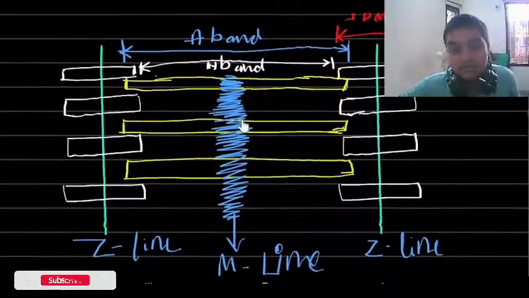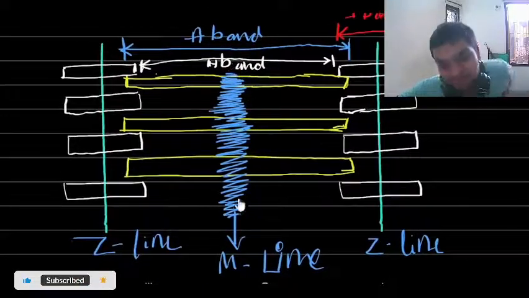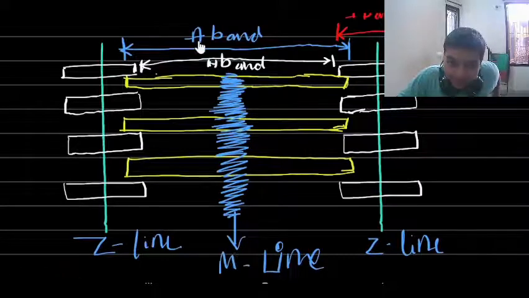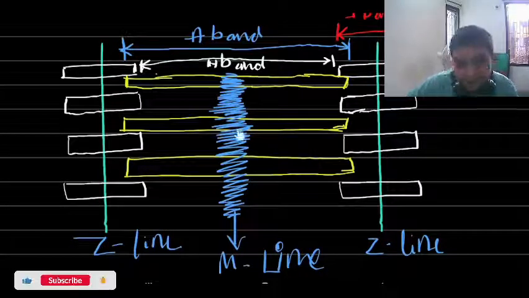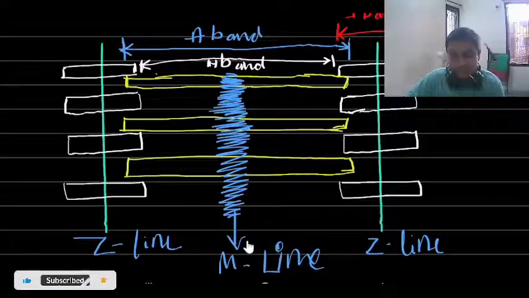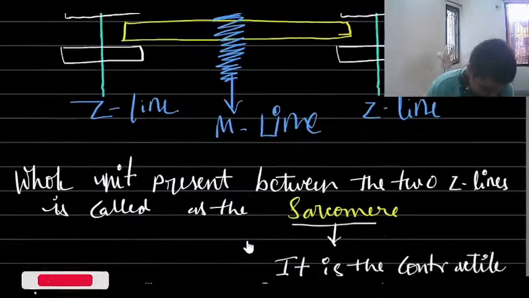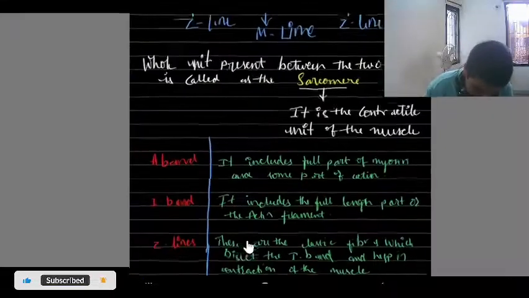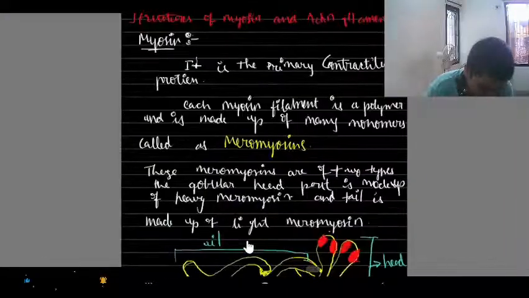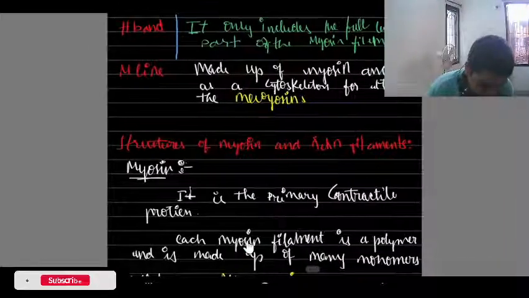Now we have a line in between the H band called the M line. I have written it here.